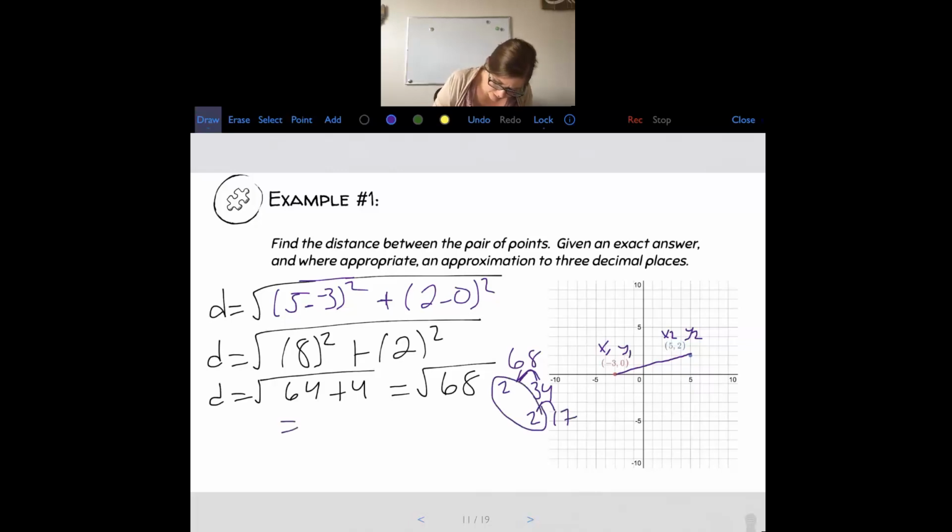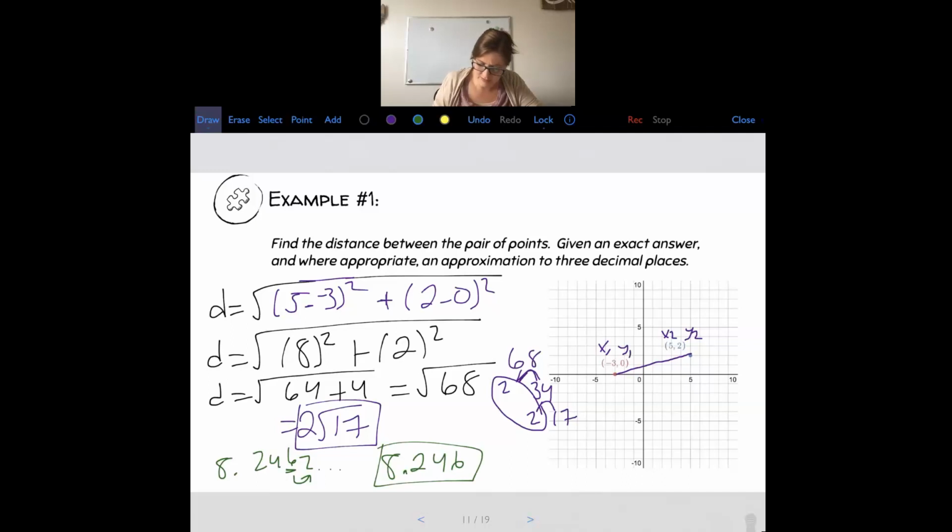So this is 2 square root of 17 as an exact answer. And as a decimal to 3 places, I'm getting 8.2462. I'm rounding the 6. There's a 2 next door. Since it's less than 5, the 6 stays the same. 8.246. So that would be the length.